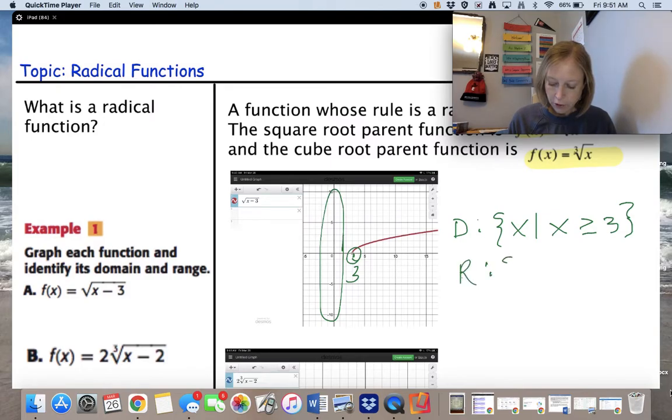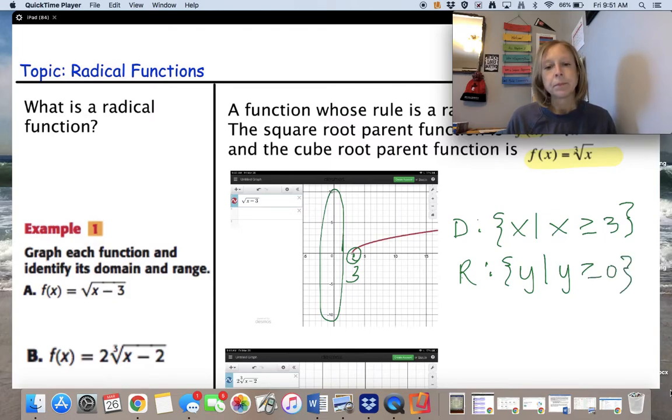Our range is the y values. The y values start at 0 and go up from there. When you're working with a square root function, you will have a confined domain and range. You're not going to see one of all real numbers, so be on the lookout for that.